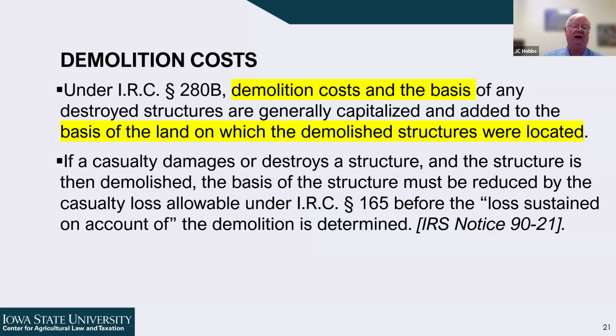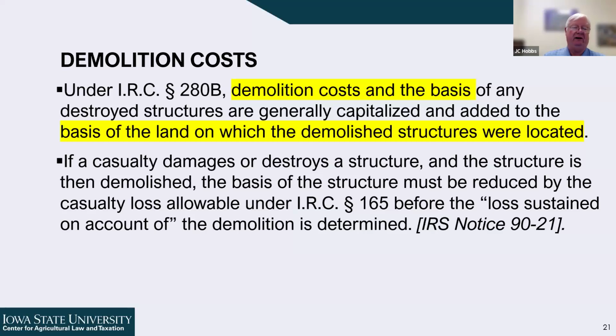So let's say the land was worth $100,000 that this structure sat on. After we do all the cleanup, getting ready to put the new building up, it cost us $50,000. Now our basis in the land is increased by the $50,000. Then if we go in and replace the structure, we're looking at the new structure's cost.